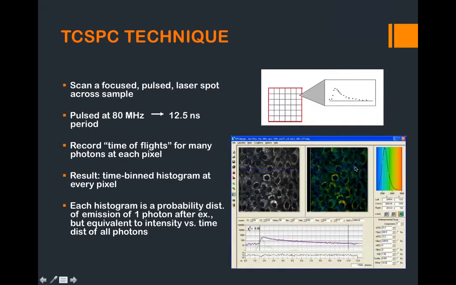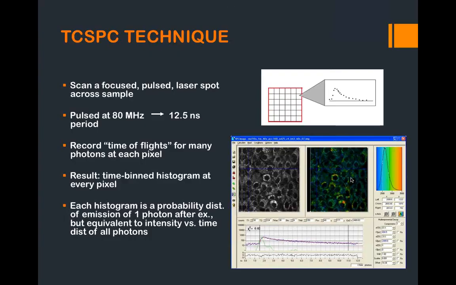Now, if we do this at different pixels and create an image, what we create is an image that no longer is looking at intensity, but is actually looking at the fluorescence lifetime decay of the entire field. So this would be the intensity of the image. This image is now giving us local areas of changes of NADH fluorescence lifetime.